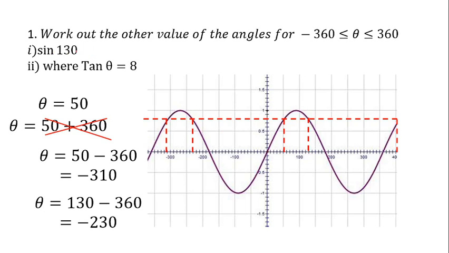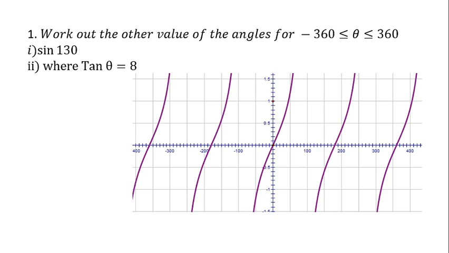Now notice I didn't actually have to work out what sine 130 is. You can work it out on your calculator, but if you put that in, it will just give you the value here, and that doesn't help that much. So let's have a look at the second question where tan theta equals 8.